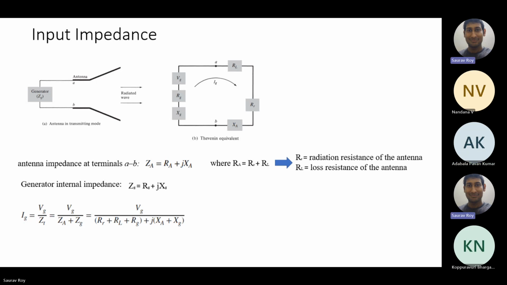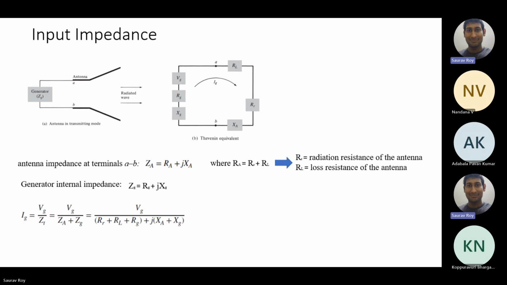Right. If the antenna impedance matching does not happen properly, some portion of the wave or the voltage will get reflected from the antenna terminals. That is what we saw yesterday, right?